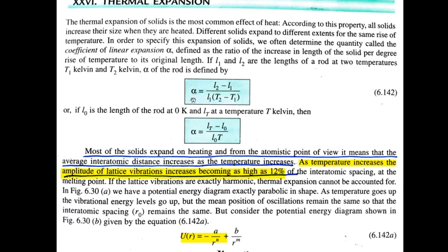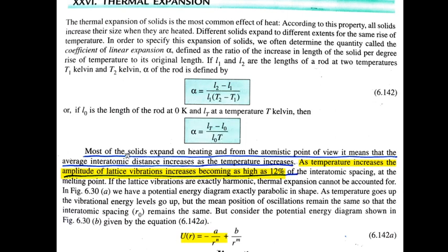So thermal expansion is, let us say, alpha, and if you have two lengths of your rod L1 and L2 for given temperatures T1 and T2, then alpha will be given for the rod as the difference of L2 minus L1 upon your original length, that is L1, divided by T2 minus T1. So let us assume that your initial temperature is 0, so आपका equation हो जाएगा LT minus L0 upon L0 into given temperature.